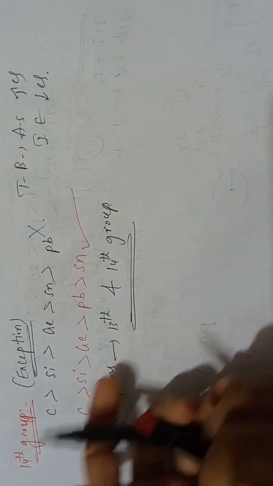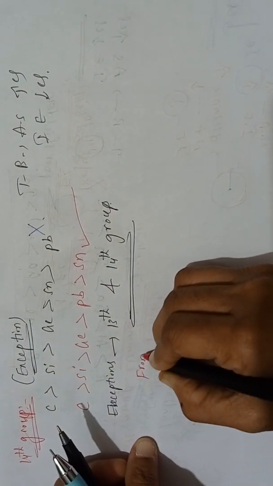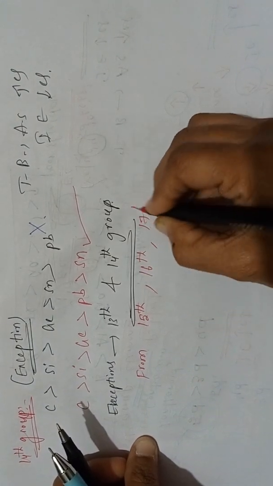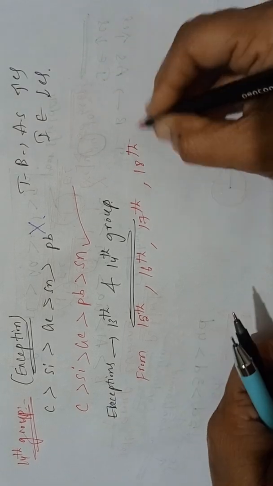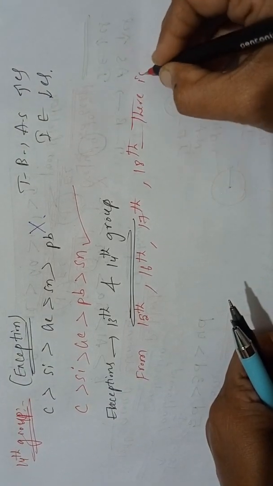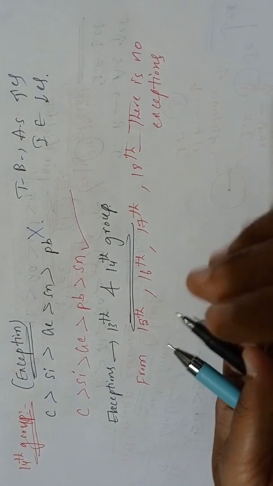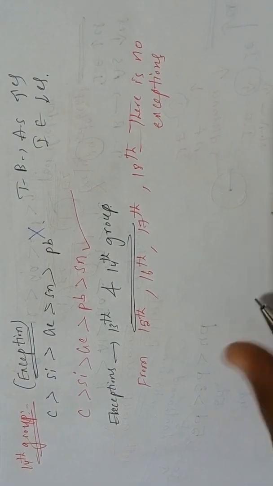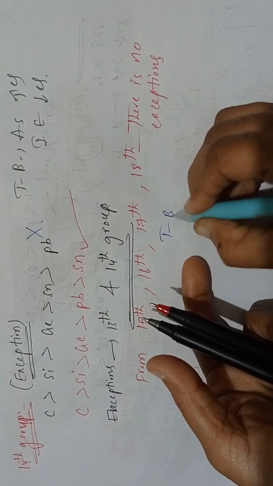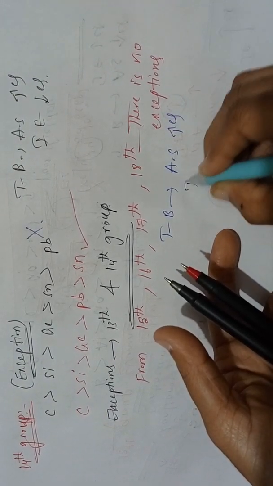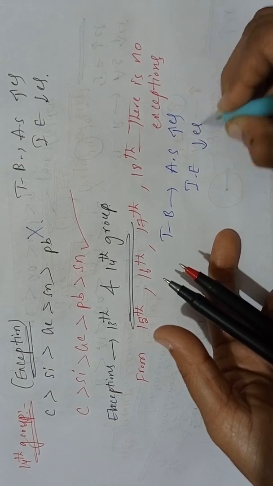Are you clear? From 15th, 16th, 17th, 18th, there are no exceptions. So that means what? From 15, 16, 17, 18, top to bottom, what will happen? Top to bottom, atomic size increases, ionization energy decreases.